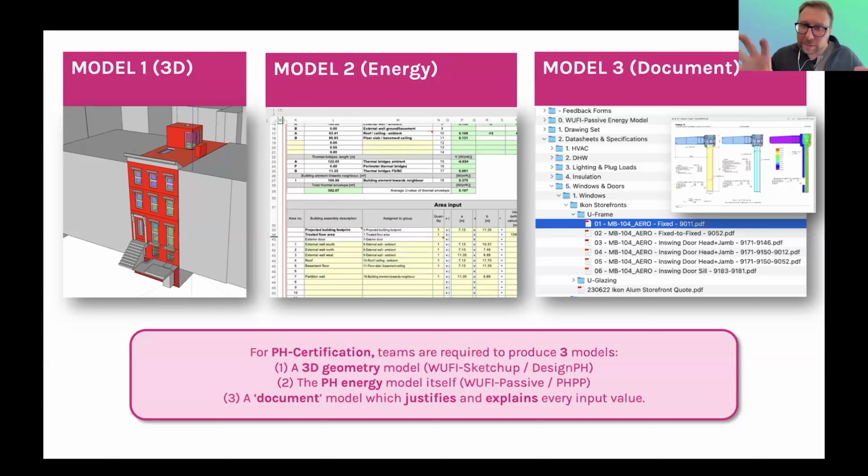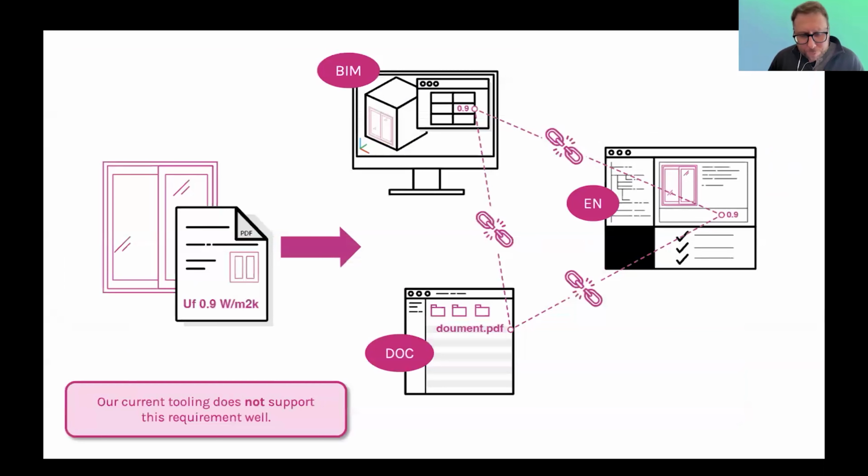That's a lot of data to keep aligned across three separated models. And this often leads to a lot of headaches and challenges and errors in the actual certification of Passive House projects. The fact that these three models are fundamentally disconnected from one another.